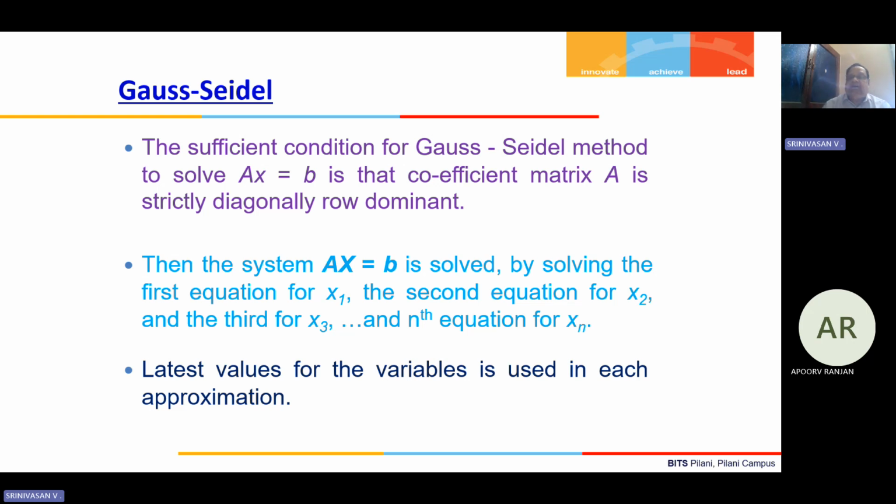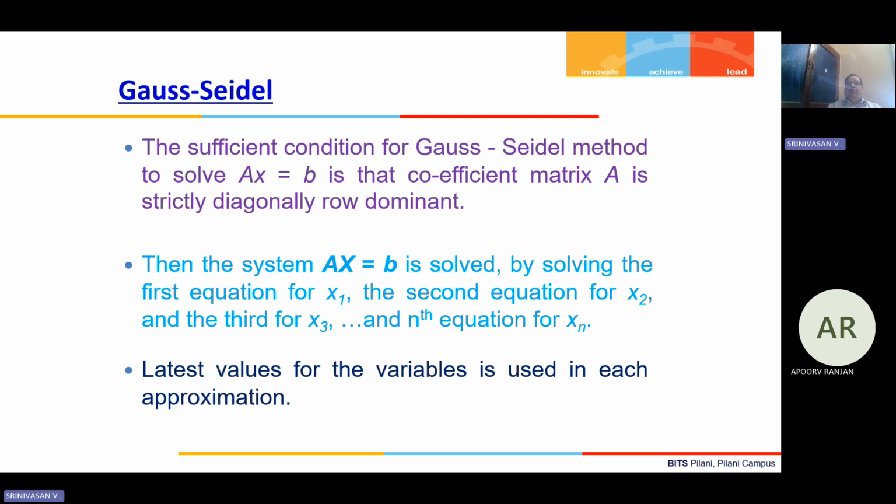So the sufficient condition for the Gauss-Seidel method to solve a system of linear equations given by Ax equal to B is that the coefficient matrix A is strictly diagonally dominant. These are the things that will be useful to answer MCQs, maybe in quiz 2, if there is.